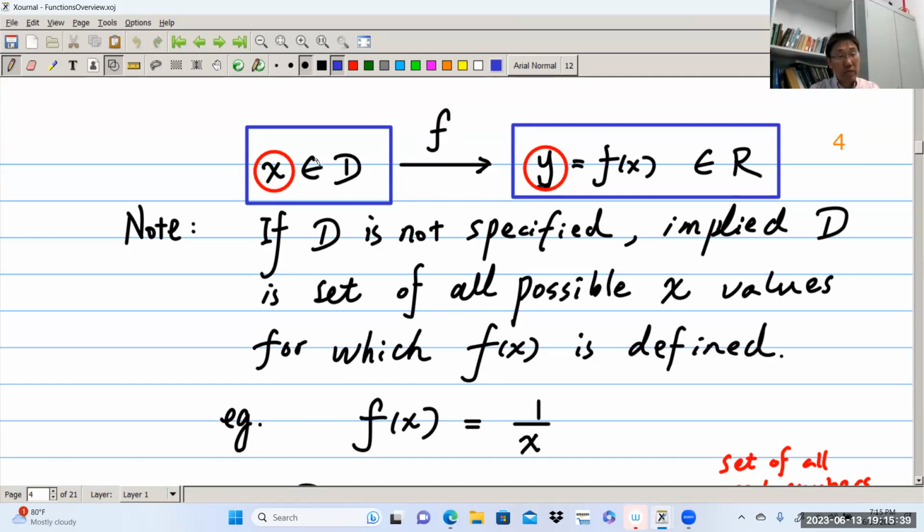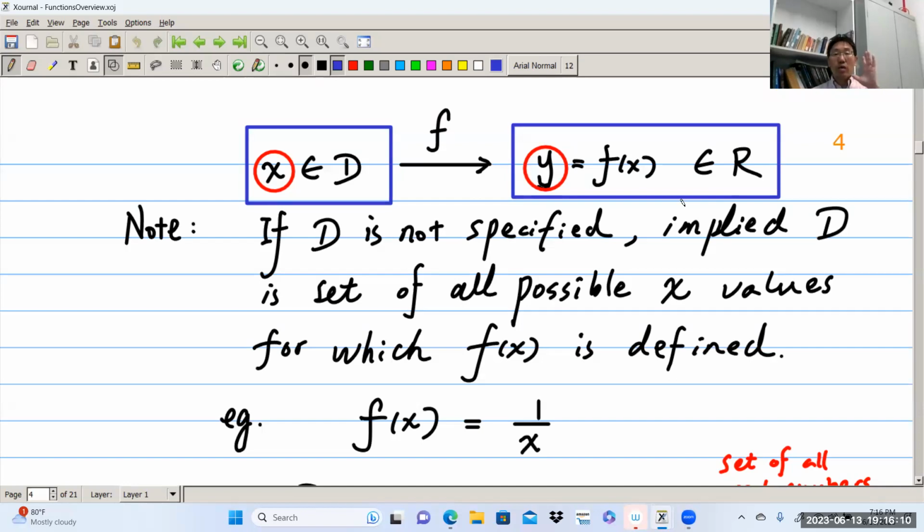Are you familiar with that? So X is in D. F assigns X a corresponding value of Y, and that Y is made from X as F of X. In many situations, you know what that F of X does, so you have an expression in terms of X. And Y is in the range.